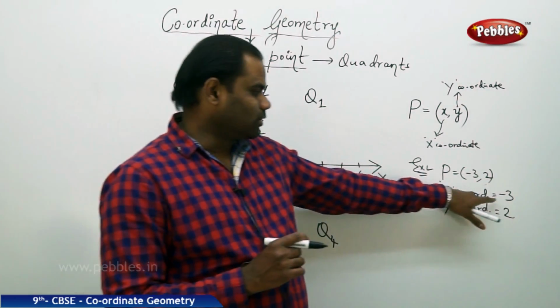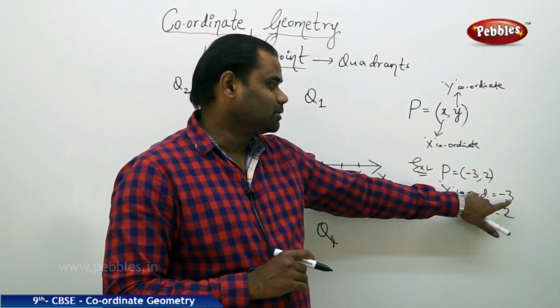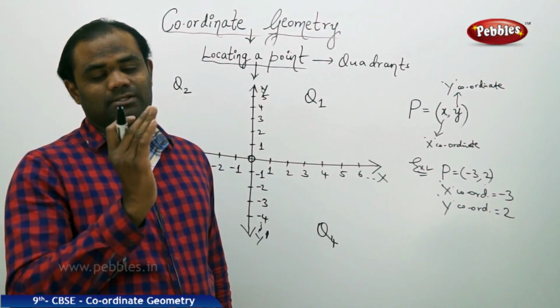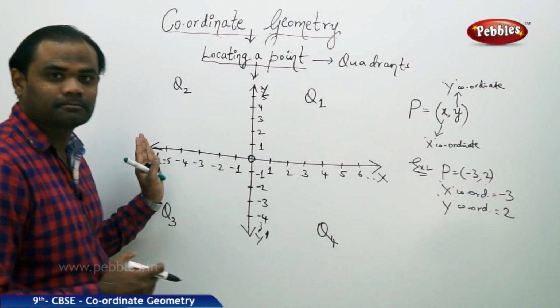As we know, the x coordinate is negative in this example problem, so clearly the x value lies on the left of the origin.